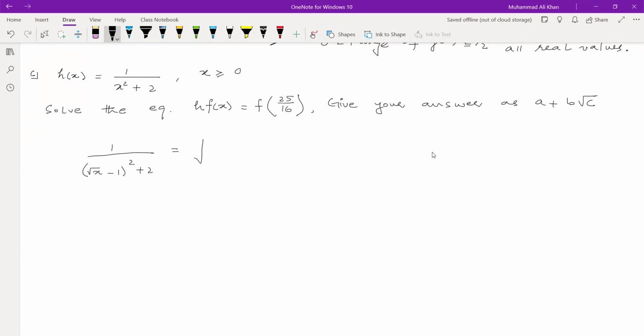So it will be under root 25 over 16 minus 1, because the f(x) function is under root x minus 1.